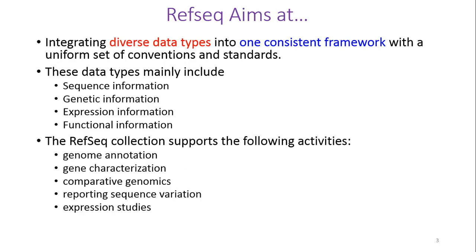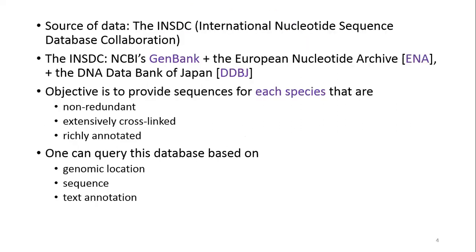It also helps in comparative genomics, you can report sequence variation, and it also hosts data on expression studies. These were the basic aims kept in consideration while creating this resource.